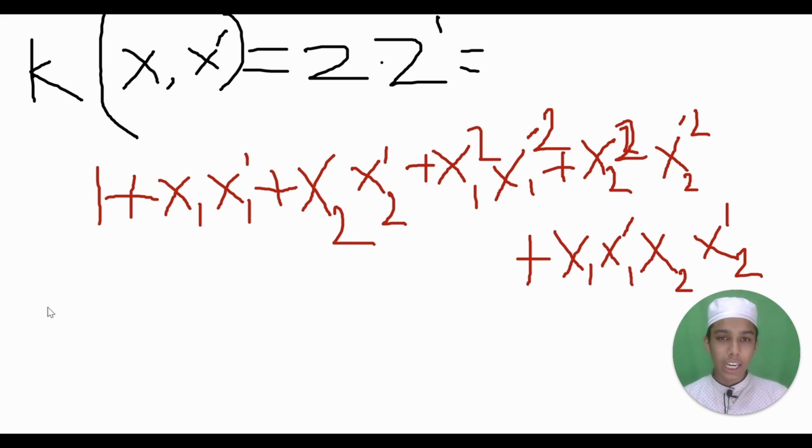This is the answer: 1 plus x1 times x1 prime, plus x2 times x2 prime, plus x1 squared times x1 squared prime, plus x2 squared times x2 squared prime, plus x1 times x1 prime, and x2 times x2 prime. Anyway, it's something like this.